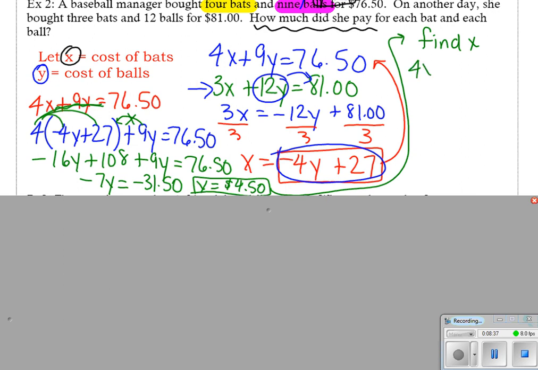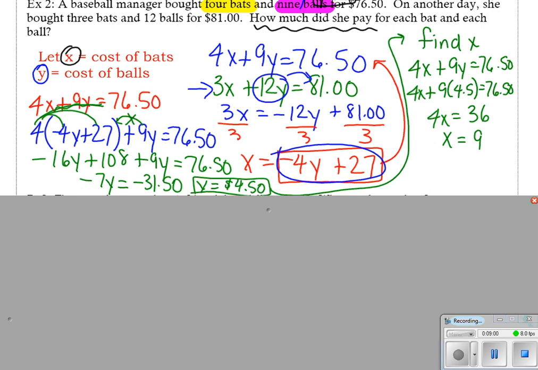I'm choosing 4x plus 9y equaling 7650. 4x plus 9 times the 4.50 equals 7650. 4x equals 36 and x equals 9.